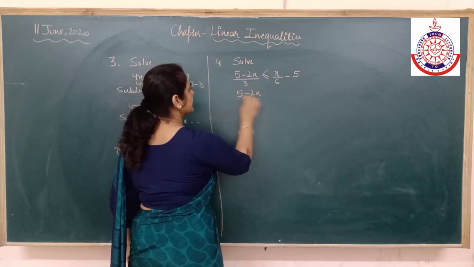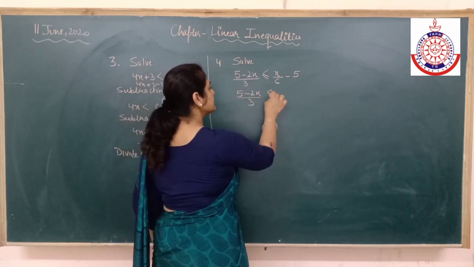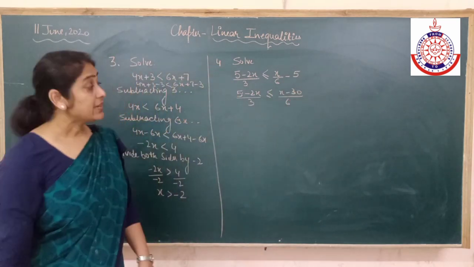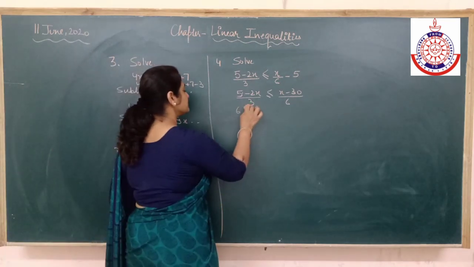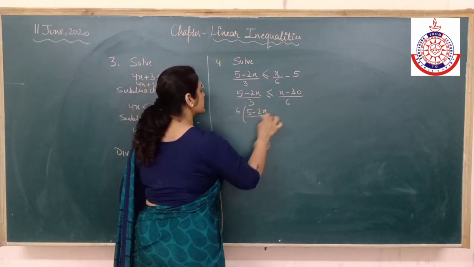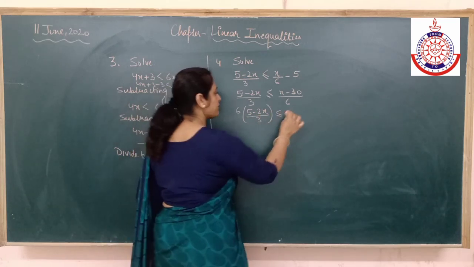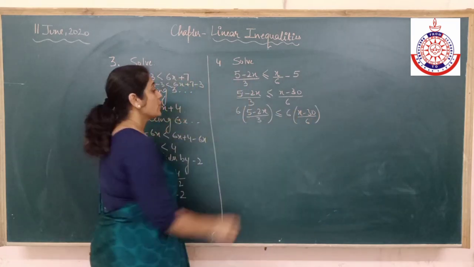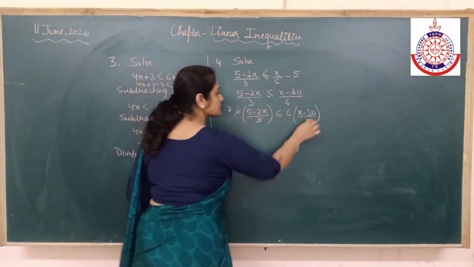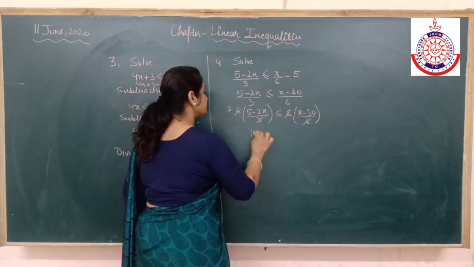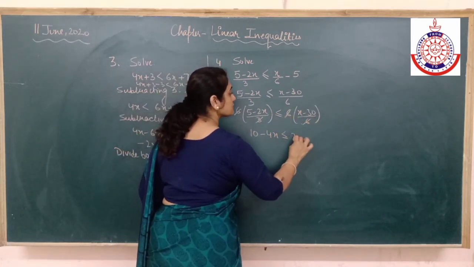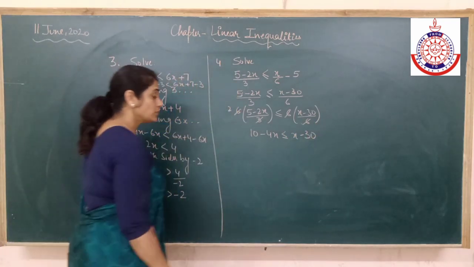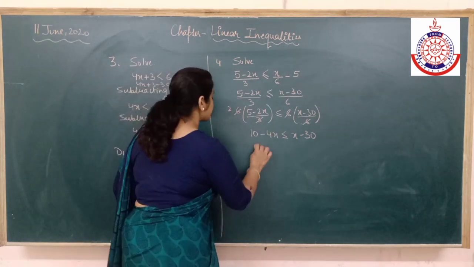I can do one thing. Let's take LCM this side first. Now, multiply both sides by 6. I can multiply by a positive number. It does not change an inequality. Alright, so what will happen? Now, fine. Now, add 4x on both the sides.